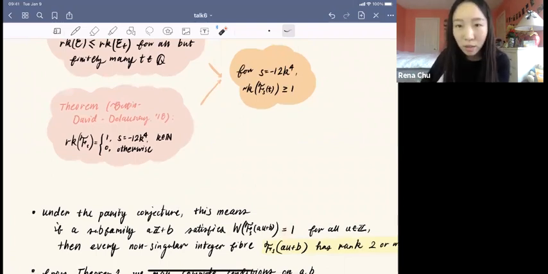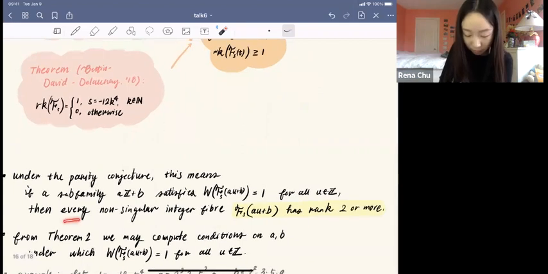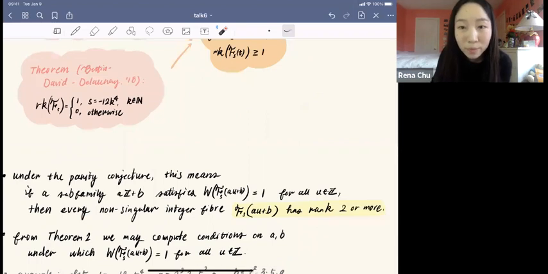The root number being 1 means that the rank must be even. But by this result, we see that the rank is greater than or equal to 1, which means it being even must be non-zero, and hence this means that every non-singular integer fiber has rank 2 or more.